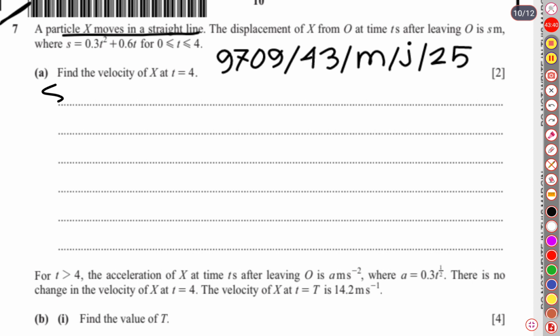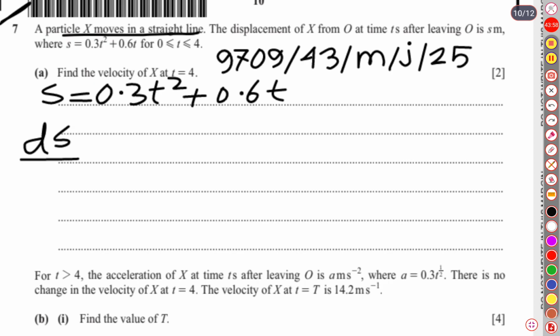So s is equal to, let's write the expression, 0.3 t squared plus 0.6 t. So this is the expression for displacement. Now if we find the derivative of displacement in terms of t, it is going to be 0.6 t plus 0.6. Okay, and they have told us to find it at t equal to 4.